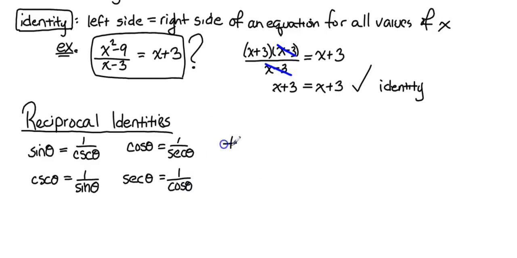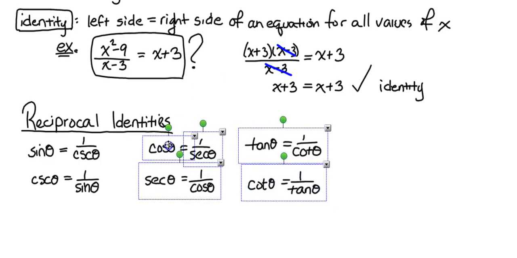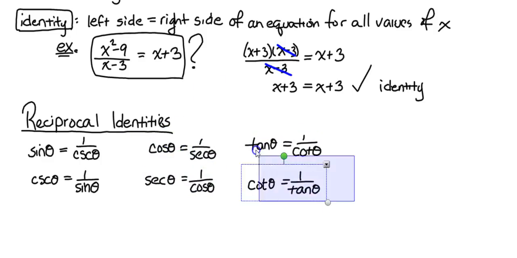What is tangent of theta equal to? 1 divided by cotangent of theta. And then, last but not least, cotangent is equal to 1 divided by tangent of theta. So these 6 are called our reciprocal identities. Space them out a little bit.